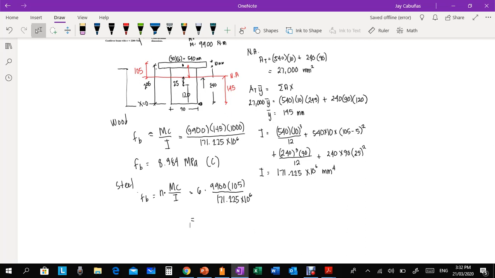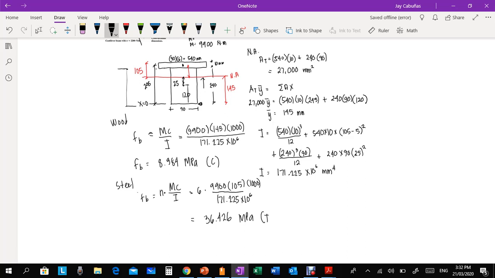Computing, that is equivalent to 36.426 MPa. Is it tensile or compressive stress?